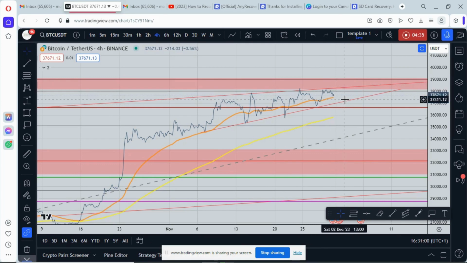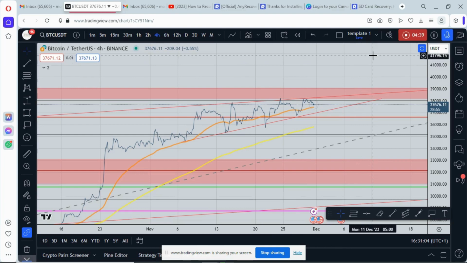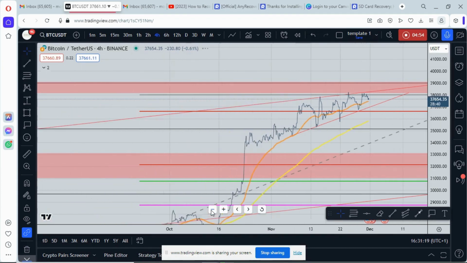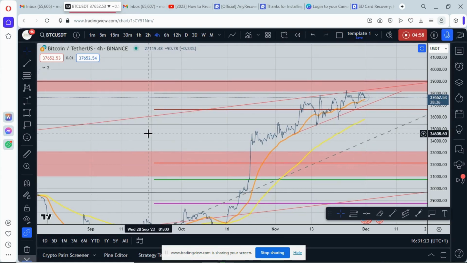But if price will still be within this range and break above this, it means that price could continue to the upside. But if price still comes down and confirms, we're expecting price to come down to this zone for a continuation to the upside. But generally, the trend is up. Hope you understand what I'm saying here. So that's how to plan every trade.